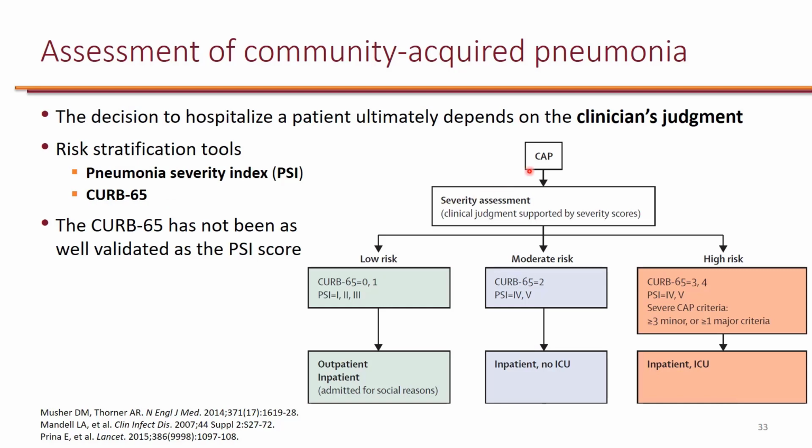When a patient with CAP is presented, the severity of illness is assessed, and then the patients can, generally speaking, be in 3 different groups: the low risk group, moderate risk group, and high risk group. Low risk group patients typically can be treated as outpatient, unless they have a contraindication to outpatient, in which case they will be admitted to the hospital.